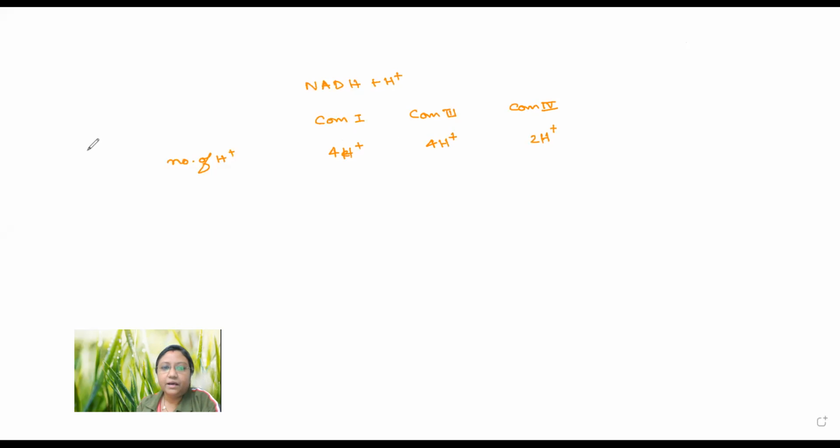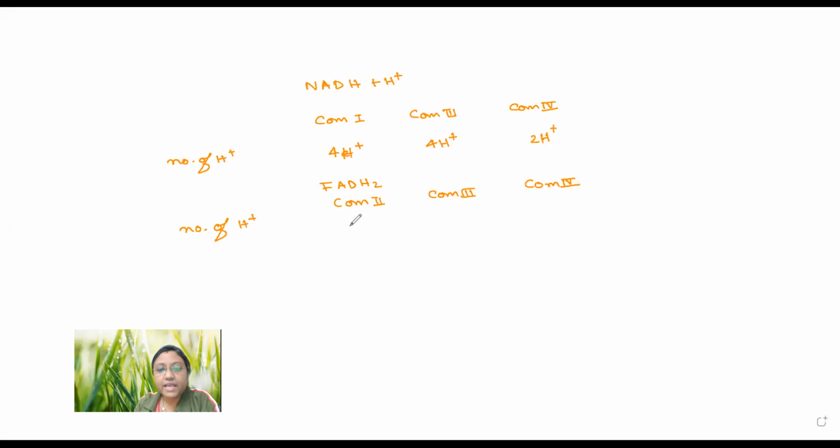Okay. Whereas in case of FADH2, the number of proton that is passing from complex 2, complex 3 and complex 4.